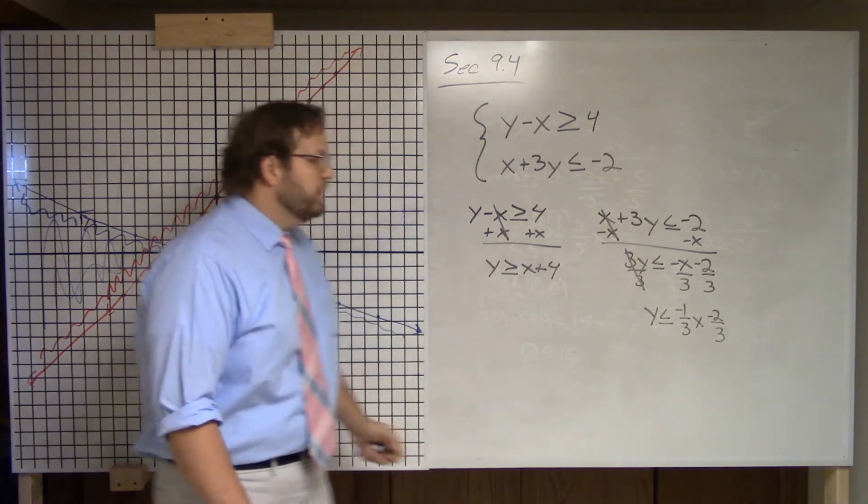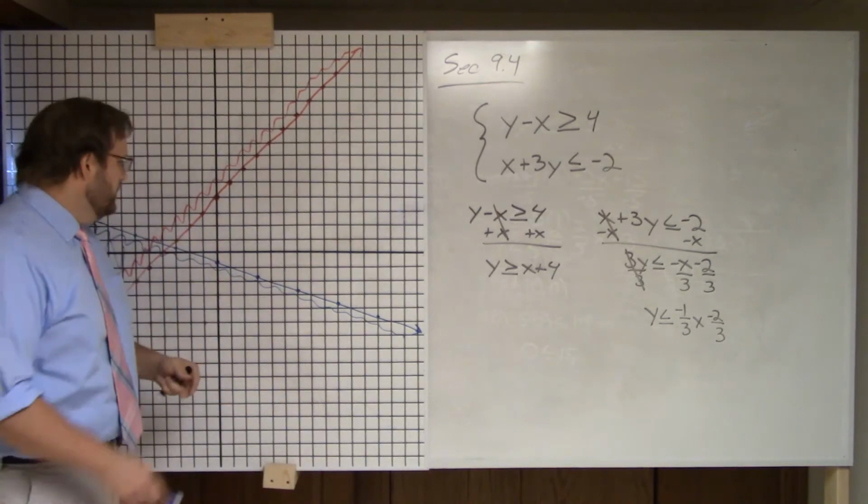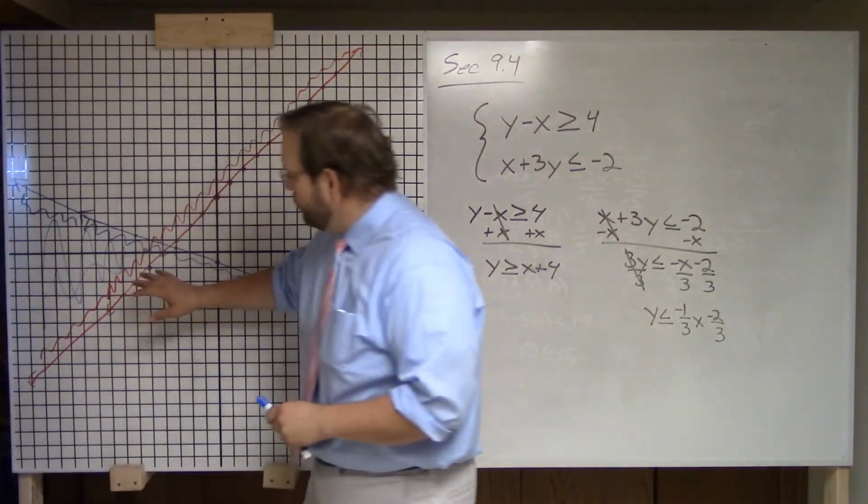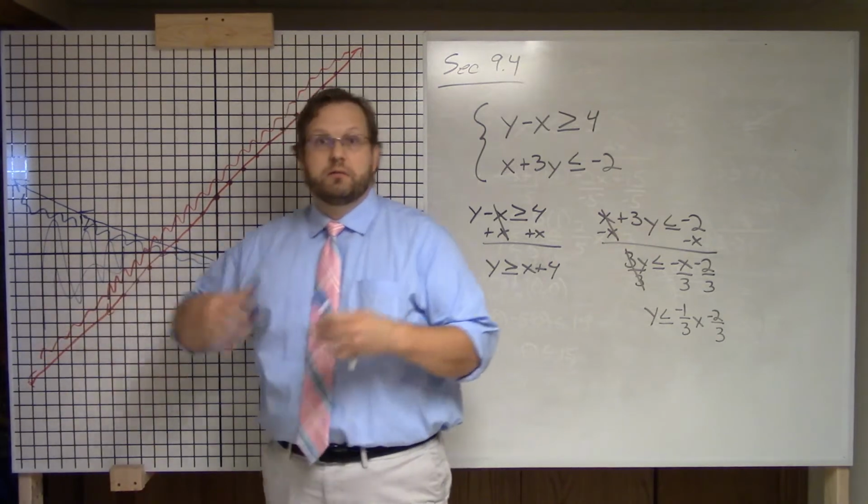Okay, so really you're just graphing two at a time. The added bonus here is we need to shade the overall region where they overlap.